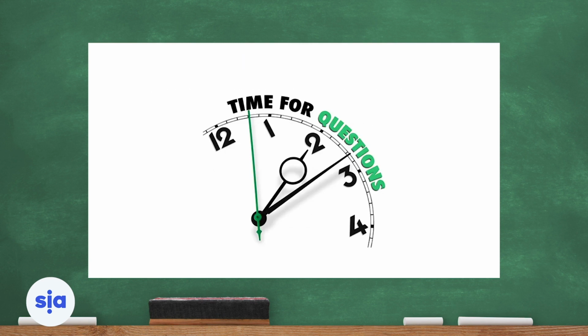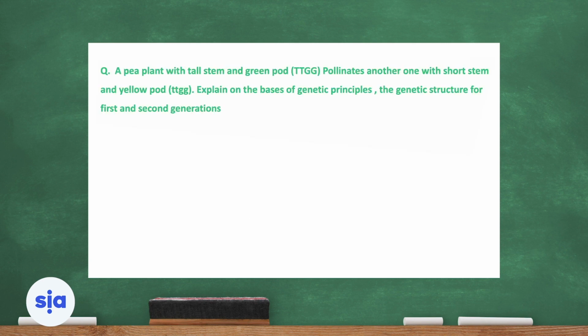Time for questions. Suppose we have a pea plant with tall stem and green pod, so two contrasting traits. Pollinates another one with short stem and yellow pod. Explain on the basis of genetic principles the genetic structure for the first and the second generations.